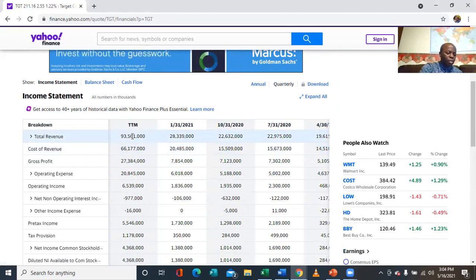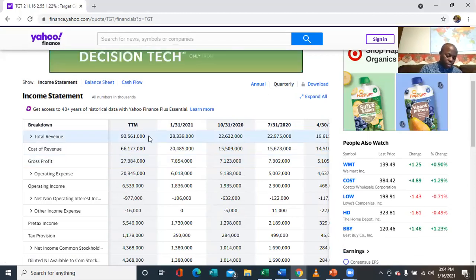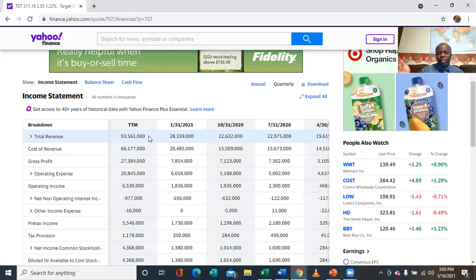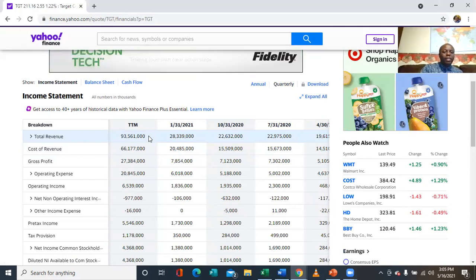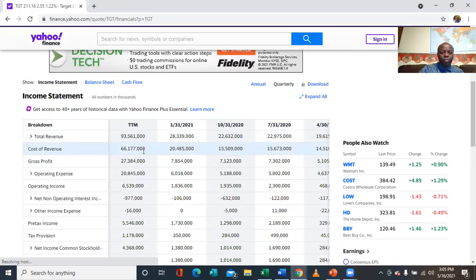So sales will be 93,561, you can see right here. In the example I have with Walmart, I removed the last 3 zeros. And then total assets.